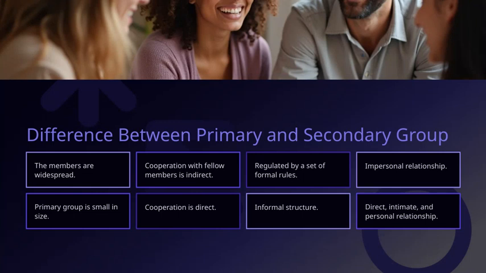Let's take a closer look at the differences between primary and secondary groups. First, you'll notice that the members of these groups are often widespread, meaning they are dispersed over a larger area or network. When it comes to primary groups, such as family or close friends, they tend to be small in size, which allows for more intimate interactions.